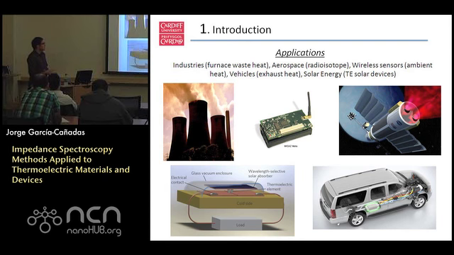Also, this is a very classical application in the aerospace. There is also a thermoelectric solar cell where you convert the light from the sun into heat with a solar collector and then use this heat to harvest energy. I think it's around 4% solar cell efficiency.